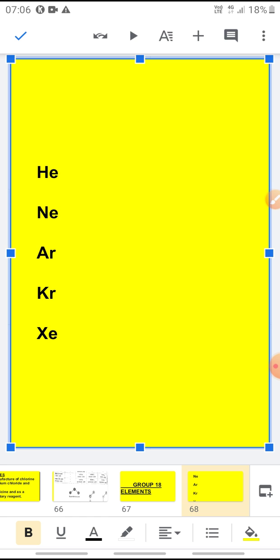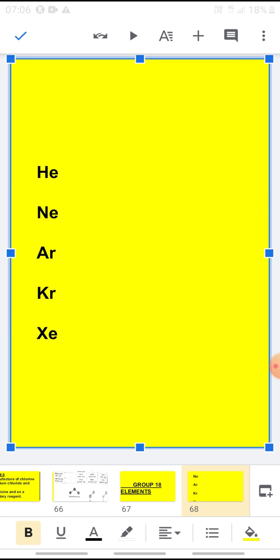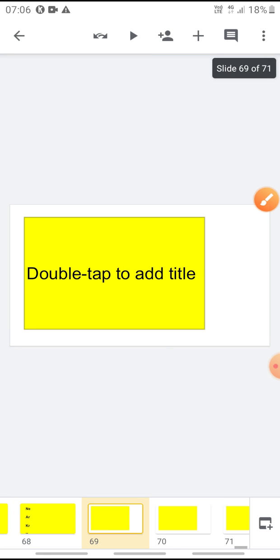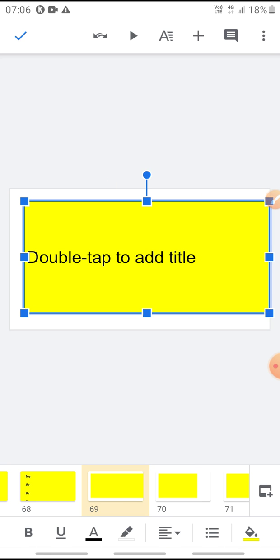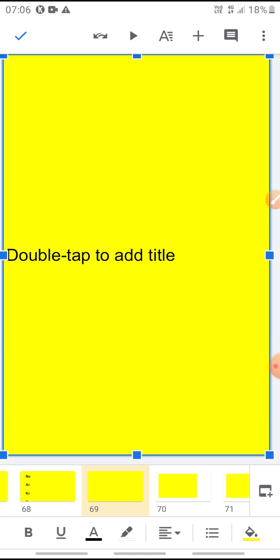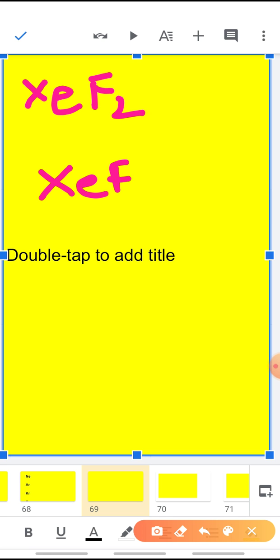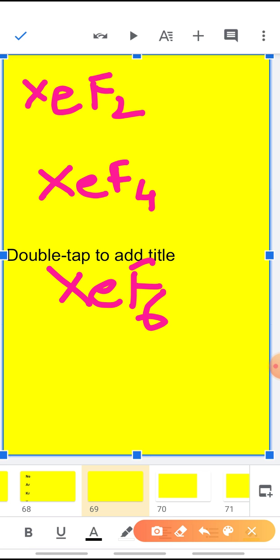Now children, xenon can form compounds with fluorine. Xe and F can form compounds like XeF2, XeF4, XeF6.